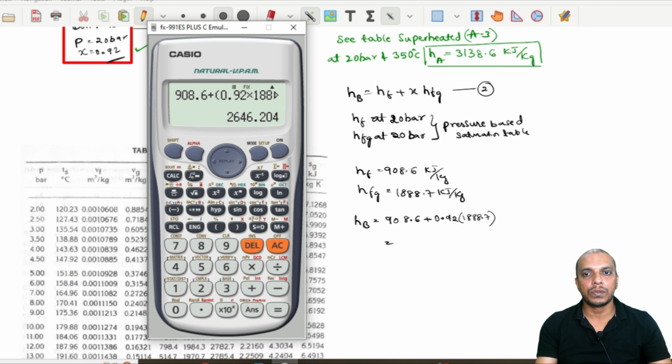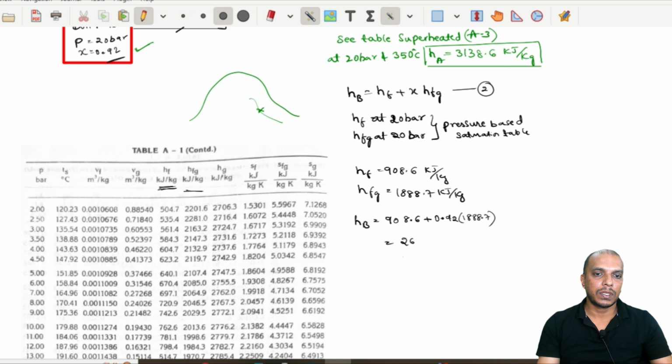So we will have 2646.2 kilojoule per kg. Now we have got the value of HB and HA.